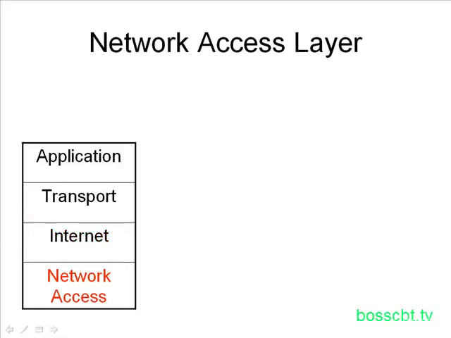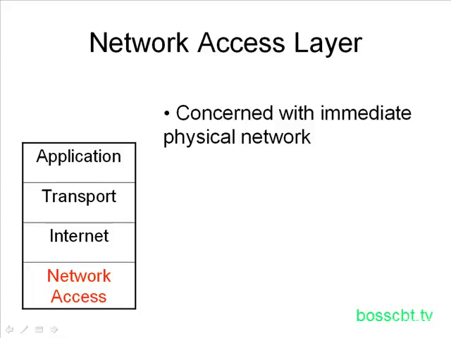All right, well, we've made it to the bottom of the TCP/IP model, and here we find the network access layer. And so at the network access layer, we're concerned with the immediate physical network. So remember, with the internet layer, we said we're concerned with end-to-end logical delivery of information.